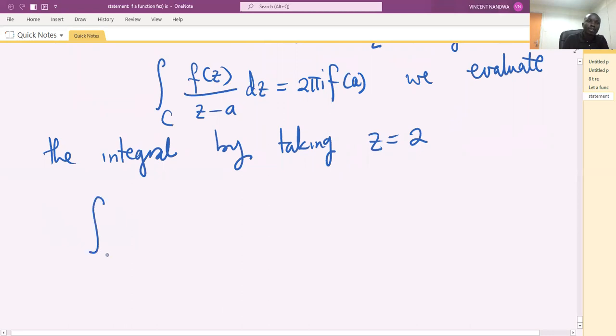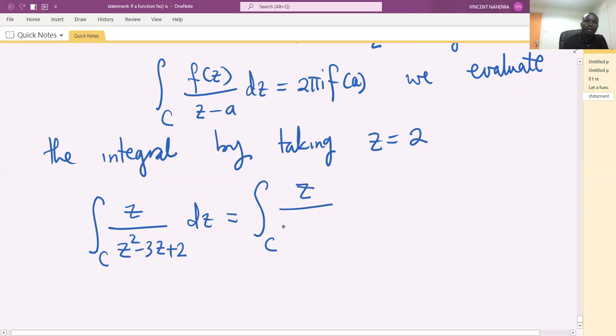So we have the integral of z over z squared minus 3z plus 2 dz. This can be written as the integral of z over z minus 1, z minus 2 dz.